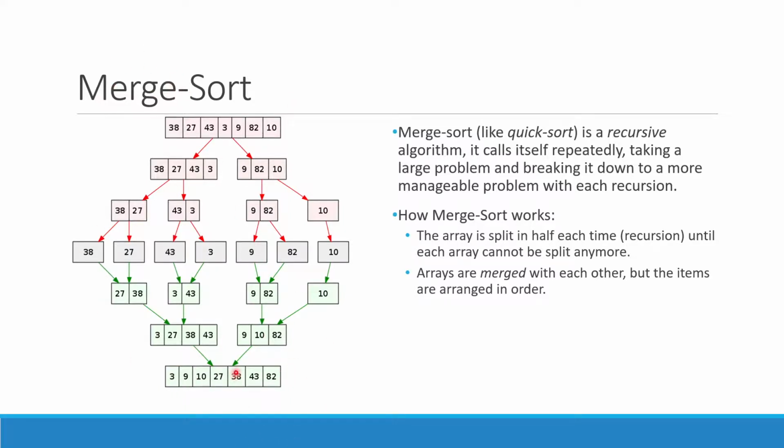Now, the reason why this is the most efficient algorithm is because it has the benefit of recursion, okay? But when it comes to reassembling the array, we're not looking at the entire array exactly. We're only looking at the first element of the subarrays.